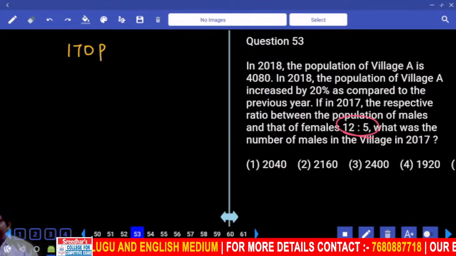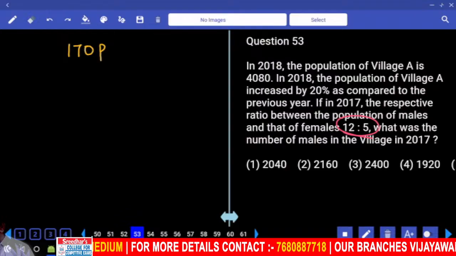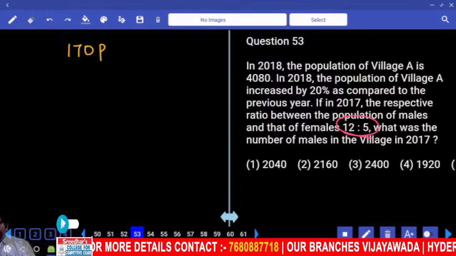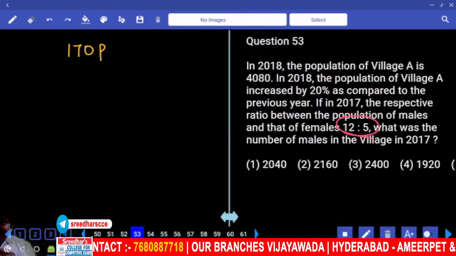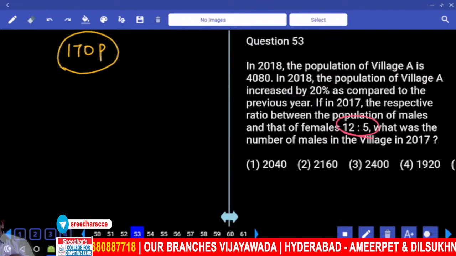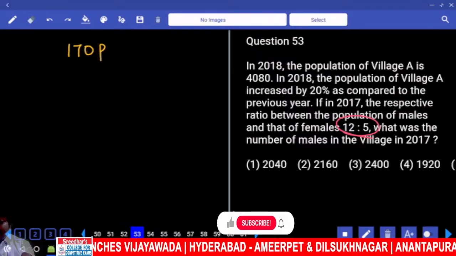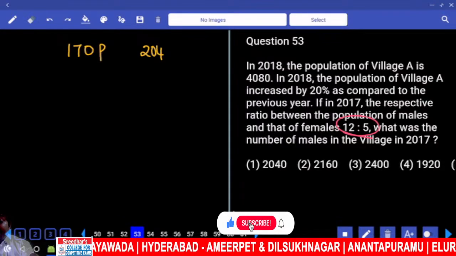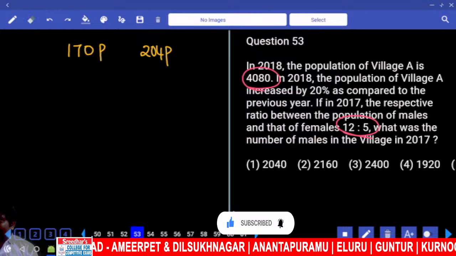Instead of 12:5, you treat it as 120:50 for readability. This is in 2017. Next year it increases by 20%. What is 10%? 17. 20%, add 34. 204 parts, which is equal to 4080.